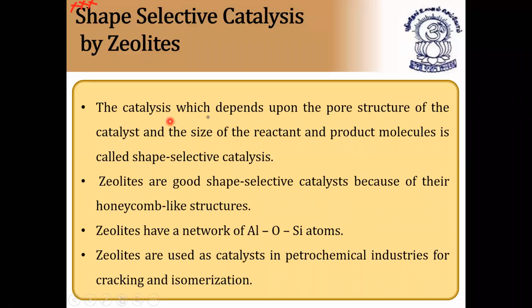The catalysis which depends upon the pore structure of the catalyst and the size of the reactant and product molecules is called shape selective catalysis. Zeolites are good shape selective catalysts because of their honeycomb-like structures.